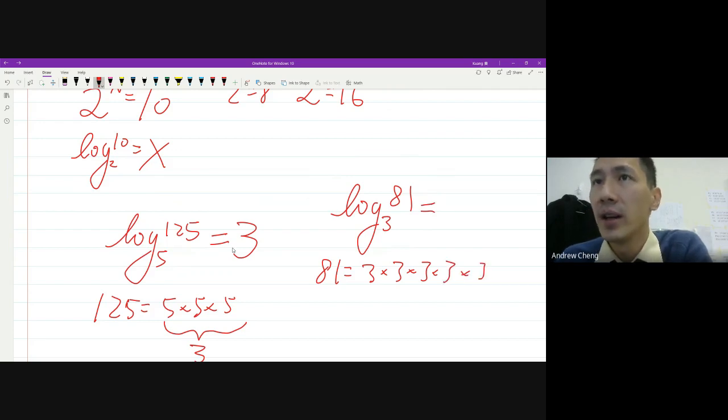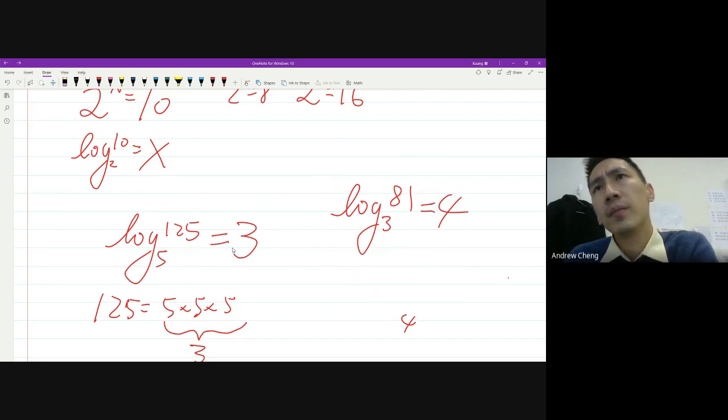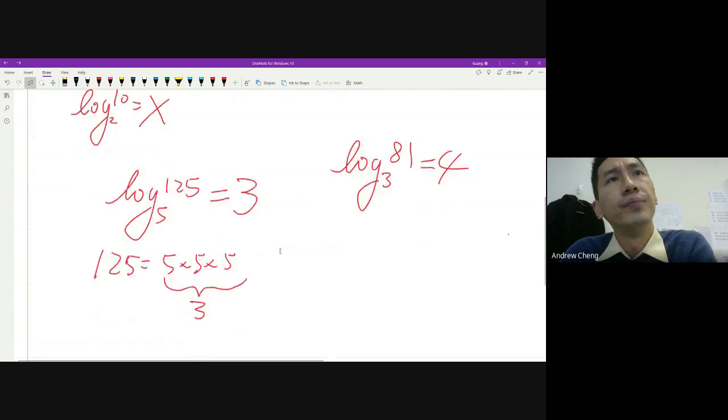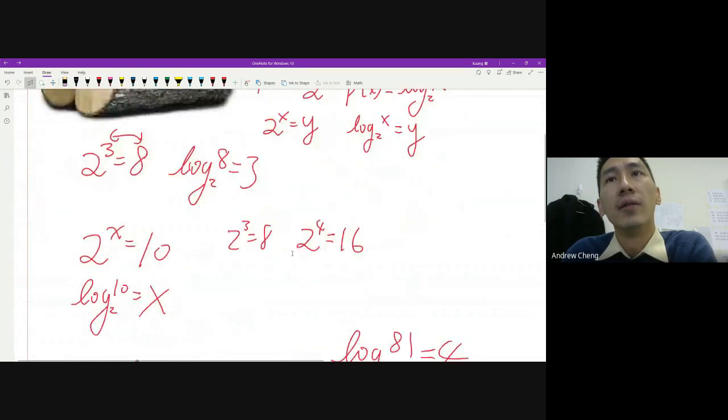Actually, it is the product of four 3s multiplied together. So the answer is 4. I think that's it. That's the basic concept of log.